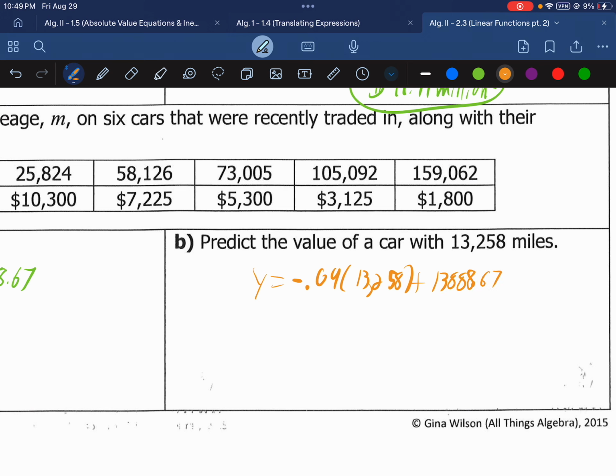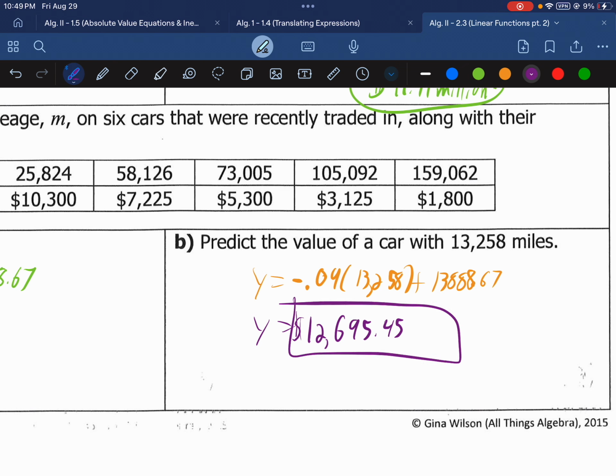Doing all of the math over here on this side, I'm going to fix my 0.09 there. I get the number 12,695.45, and that's $12,695.45 is my answer. And that is it for section 2.3, which was the linear equations, linear functions, part 1.